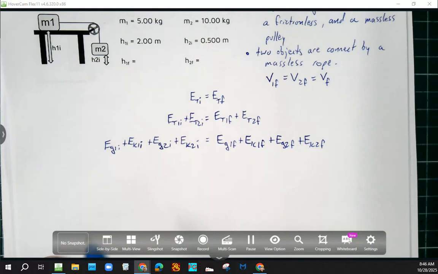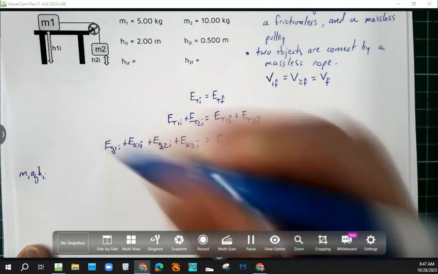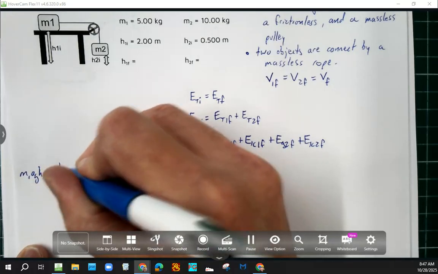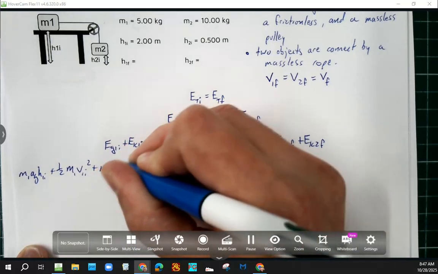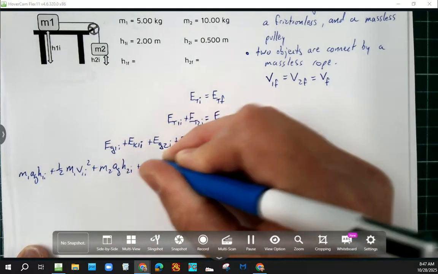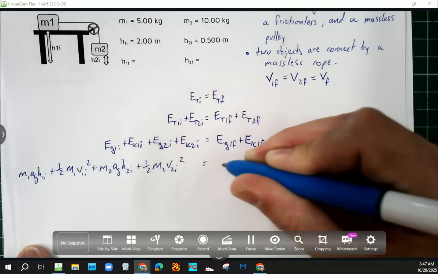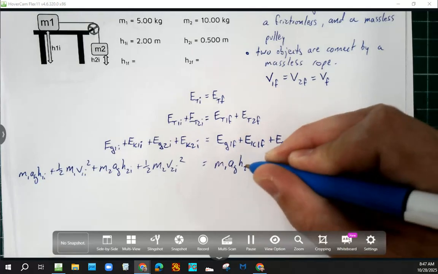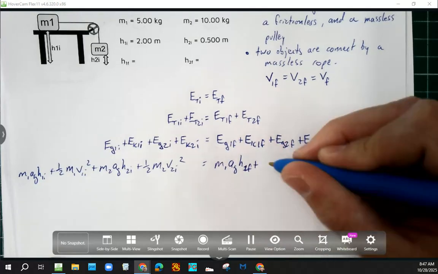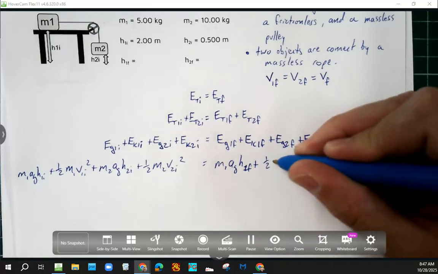So if I say EG1 initial is mass 1 A G H1 initial plus EK1 initial, 1/2 M1 V1 initial squared, plus mass 2 A G H2 initial plus 1/2 M2 V2 initial squared equals, and do the same pattern on the other side, only with H1 final. So get your 1s and your 2s and your I's and your F's all straight.